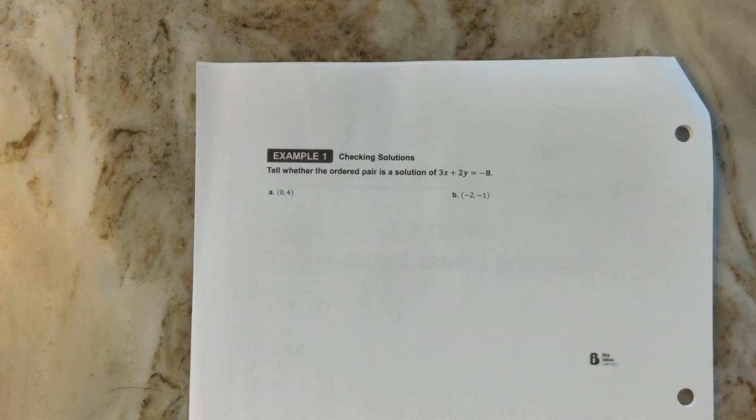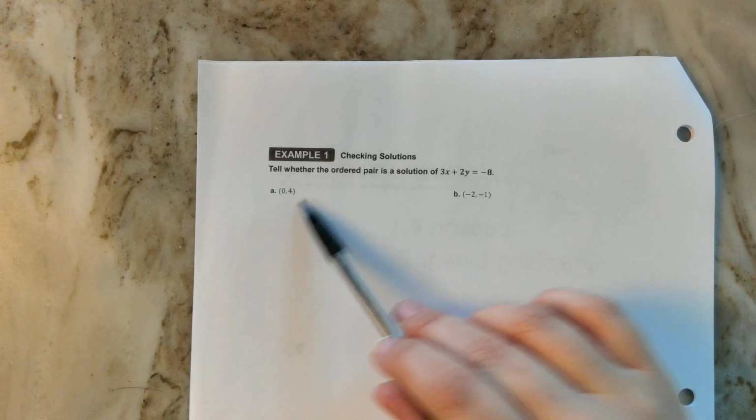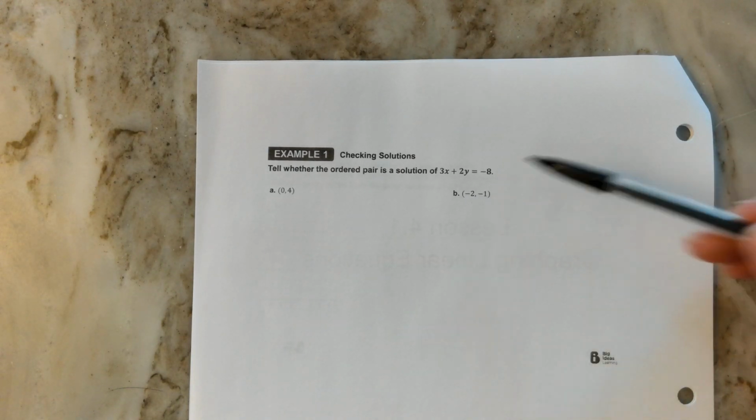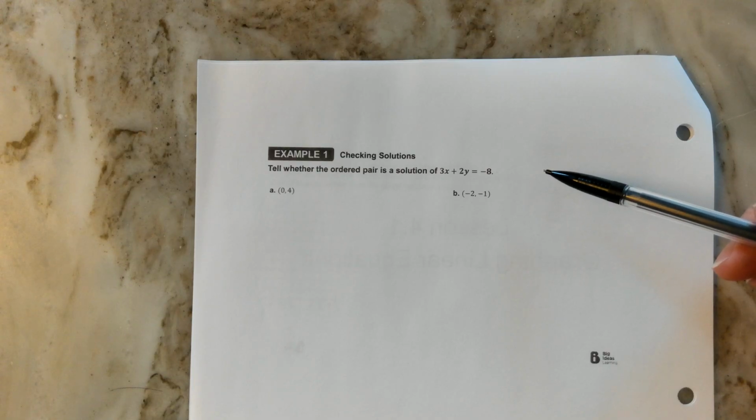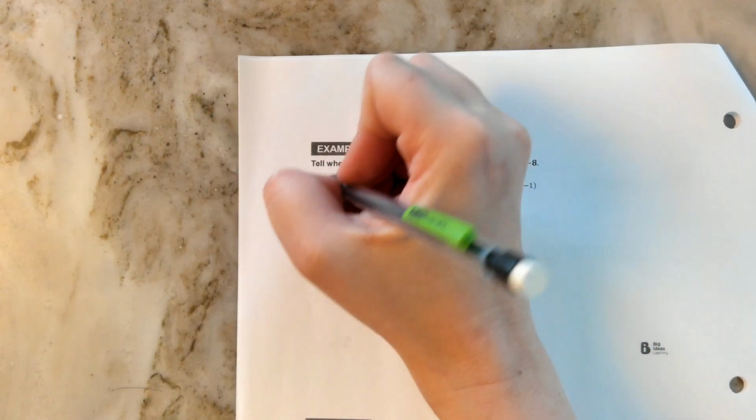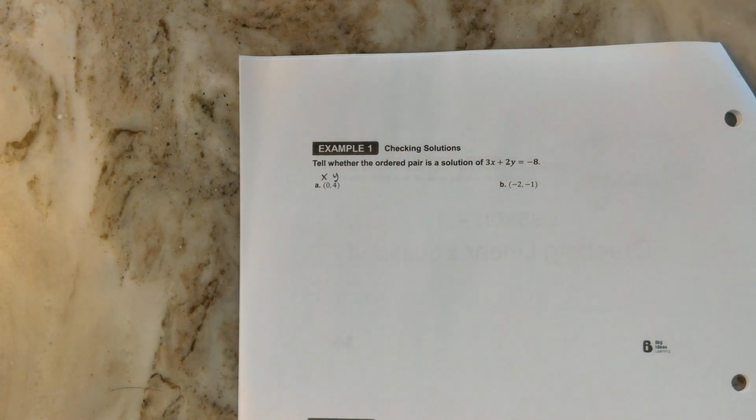Yesterday we just figured out how to find a y value if we were given an x value. So today what we want to do is figure out if an ordered pair is a solution to a linear equation. So we're going to do the same thing that we did yesterday, except for now we have an x and a y value.